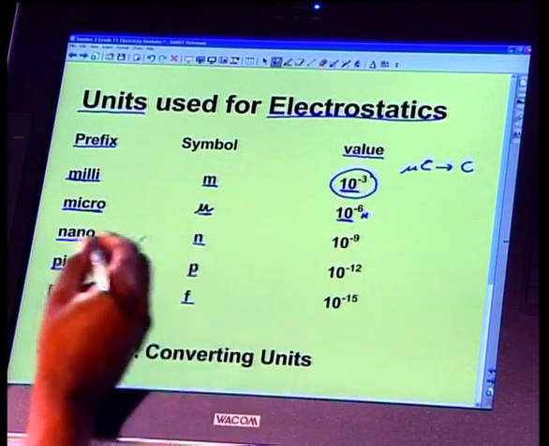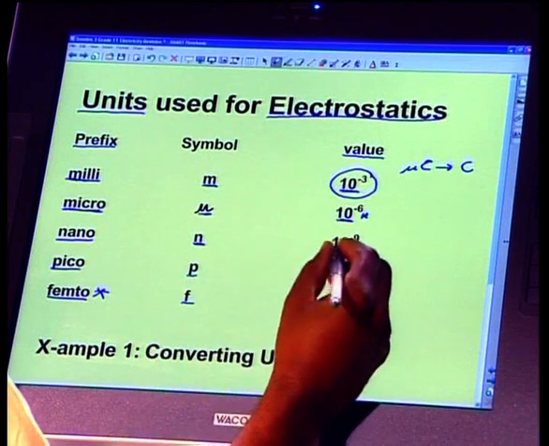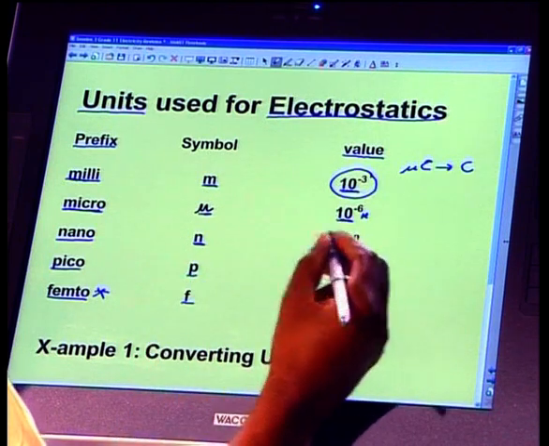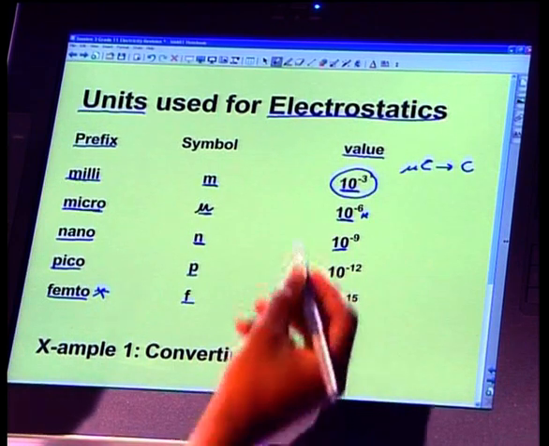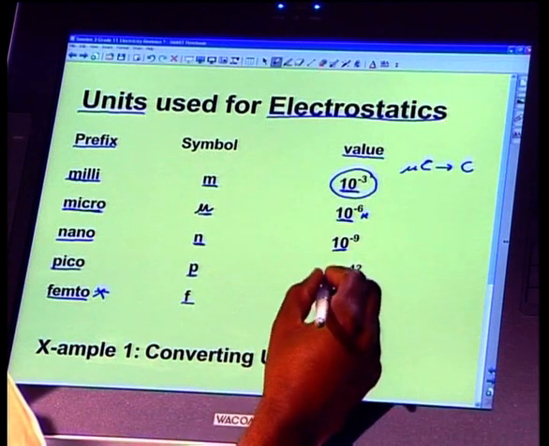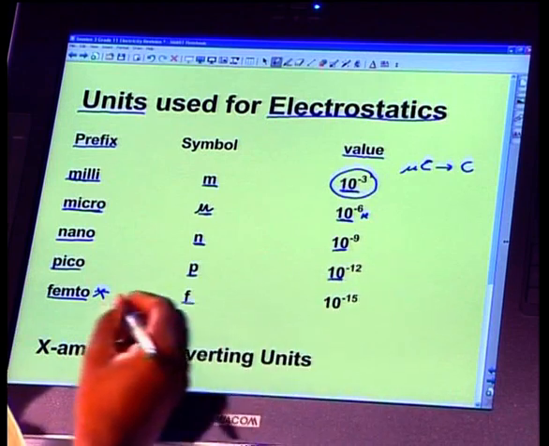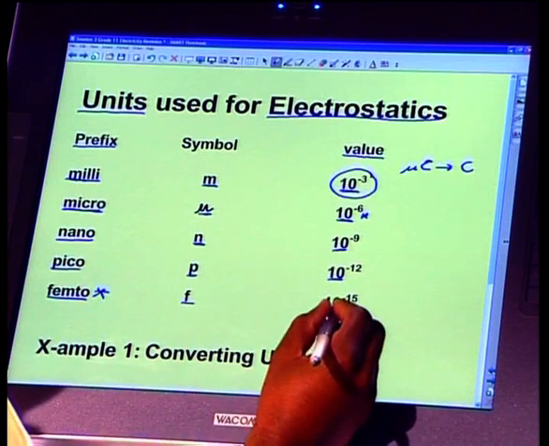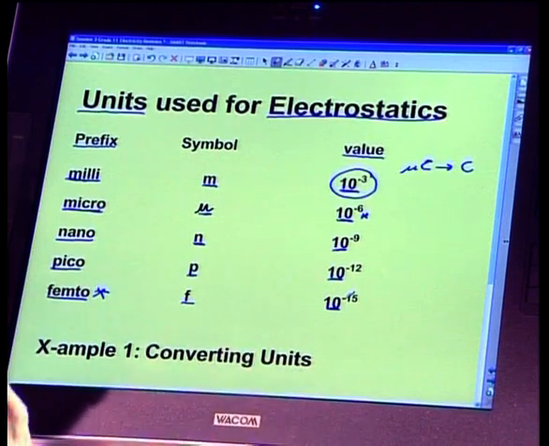In the same way, we have the nano, and the symbol is n, and for this one, you'll have to convert by multiplying by 10 to the power minus 9. Pico, on the other hand, will have a value of 10 to minus 12. And if you're talking femto, you will have a value of 10 to minus 15. So that's how we're going to do our conversions.